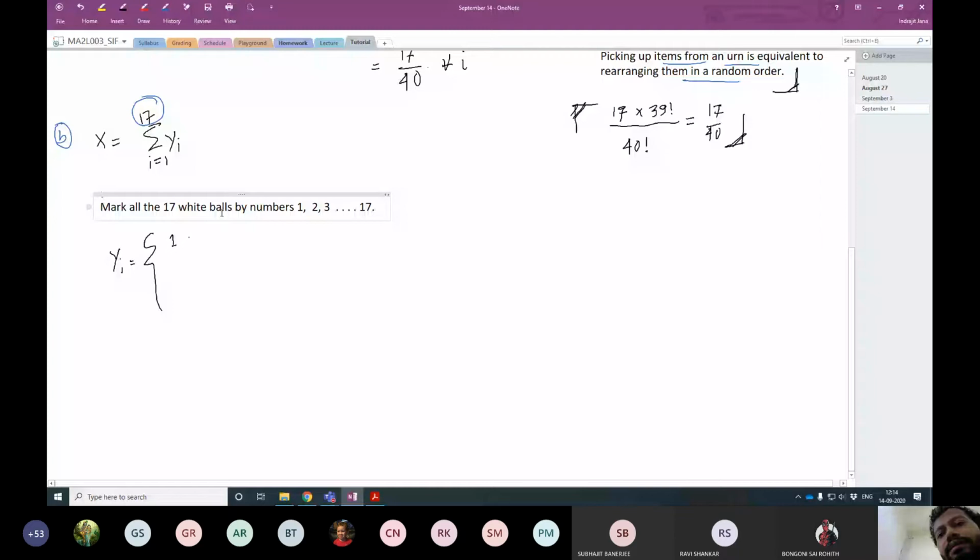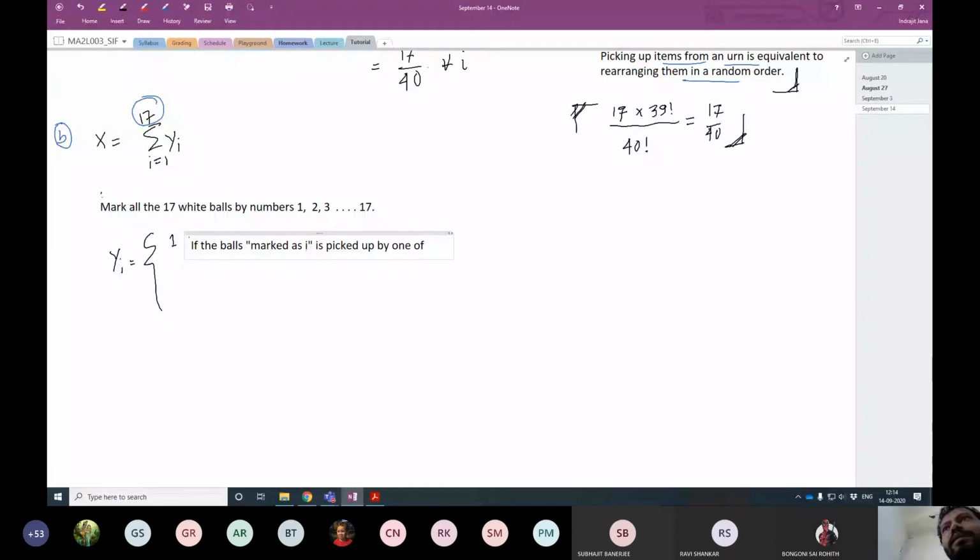So you are picking up 10 balls without replacement, and if the ball which is marked as i is picked up by any of those 10 trials, we say the event yi has happened. Otherwise we say it is 0.